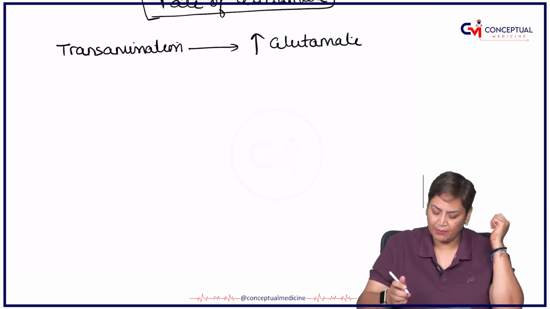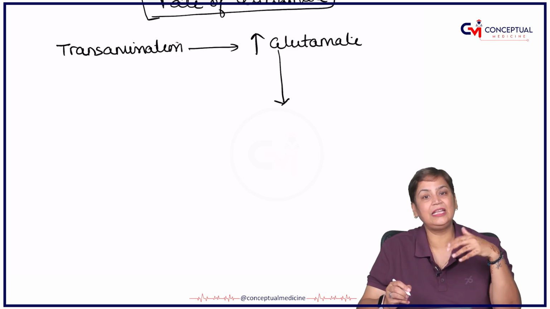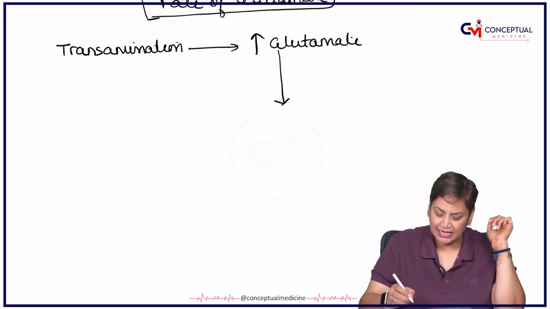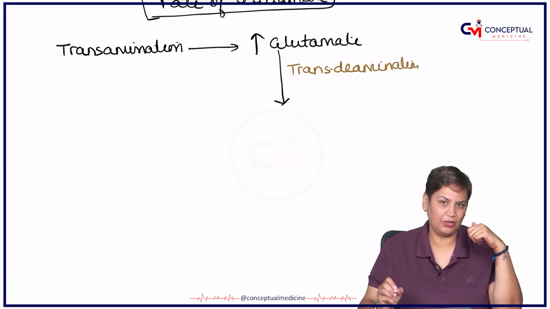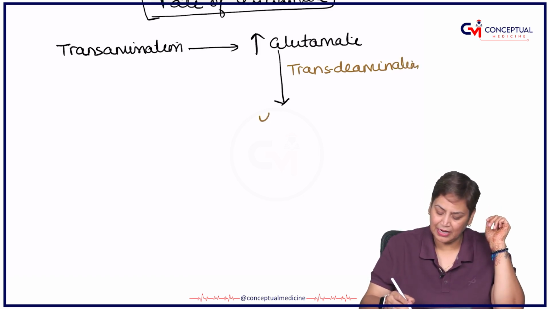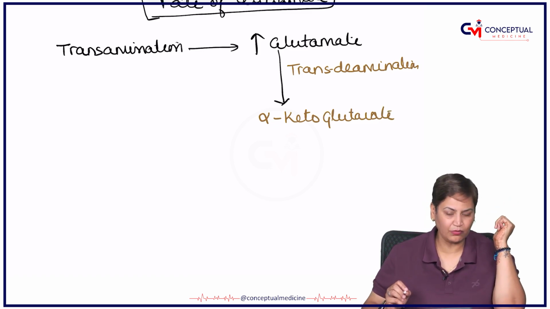So this glutamate will first transfer and immediately remove. So you can say that it will undergo a coupled process, which is transdeamination. That means transfer followed by removal of the amino group, and this glutamate will ultimately be converted into alpha-ketoglutarate. So this becomes the fate of glutamate.